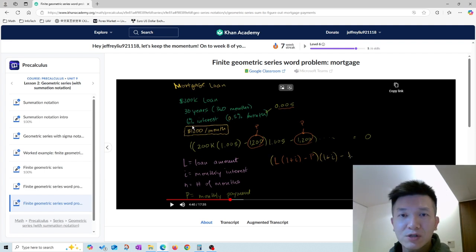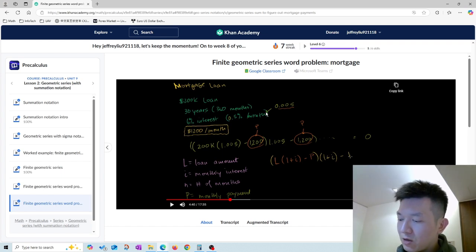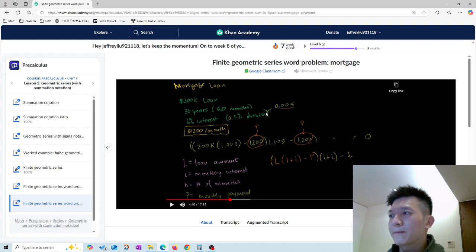And then we have a 6% interest, and that will translate to what? A 0.5% monthly interest, okay? 0.5% monthly interest. And what is 0.5%? That will be 0.005, right? Okay, so 0.005, okay?